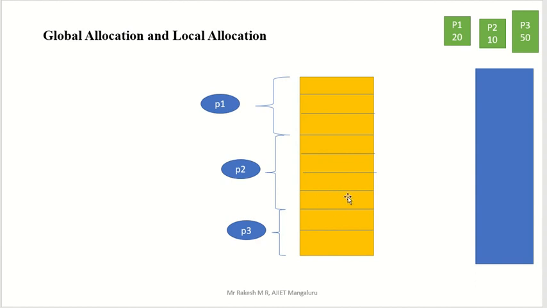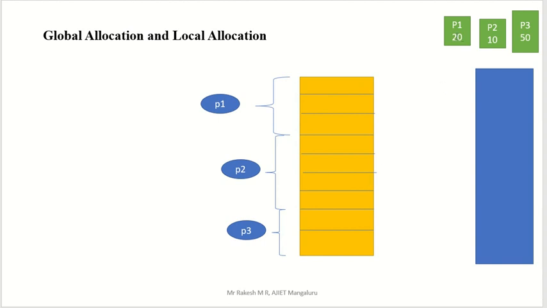This is free. Now global allocation means P1 has 3 frames, and out of 20 pages, 3 pages are loaded here. Again, if P1 wants to load some other page into memory, at that time P1 can load its other pages into other frames wherever they are free.